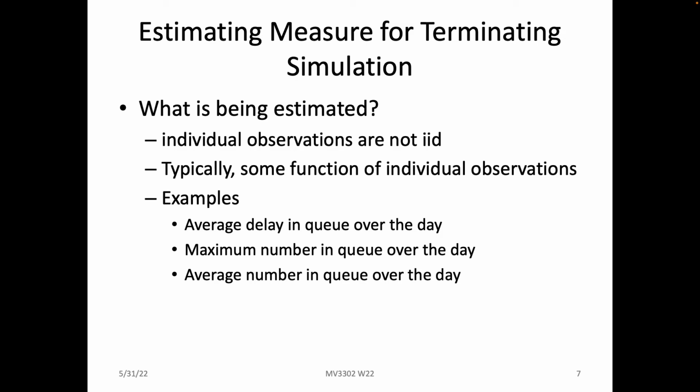If we only have, say, 500 customers or so during the day, and the lag at which our autocorrelation becomes small enough that we can ignore it is, say, 100 or 1,000, then we're still in a situation where all of the delays that we have observed are highly correlated.